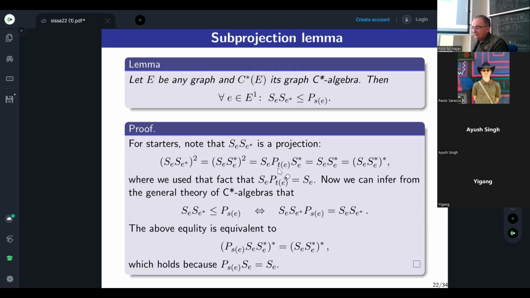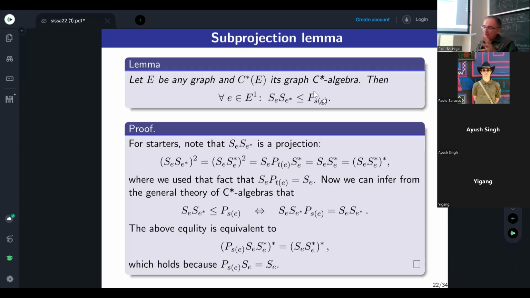And remember that the end projection times the edge partial isometry is just this partial isometry, so it vanishes. So I remain with S_e S_e^*, which is of course the same as (S_e S_e^*)^*. So that's self-adjoint, obviously, and it's an idempotent. Okay. So these guys are projections, and they are sub-projections of the source projection.